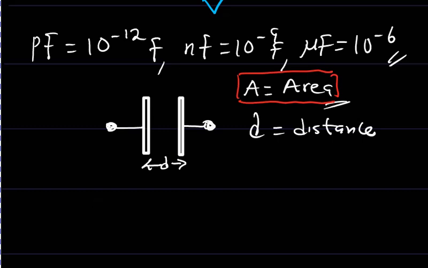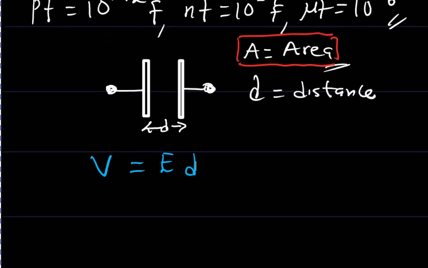We already know that electric potential is equal to electric field multiplied by the distance. So the electric potential across this capacitor is going to be equal to the electric field that is set up in the capacitor multiplied by the distance between the two parallel plates.